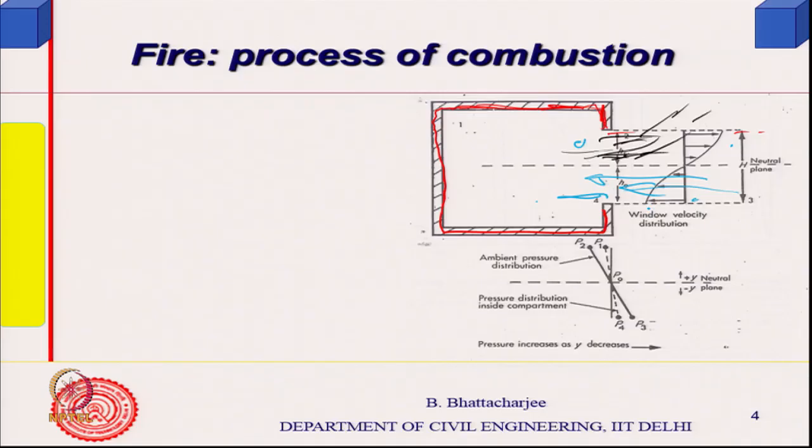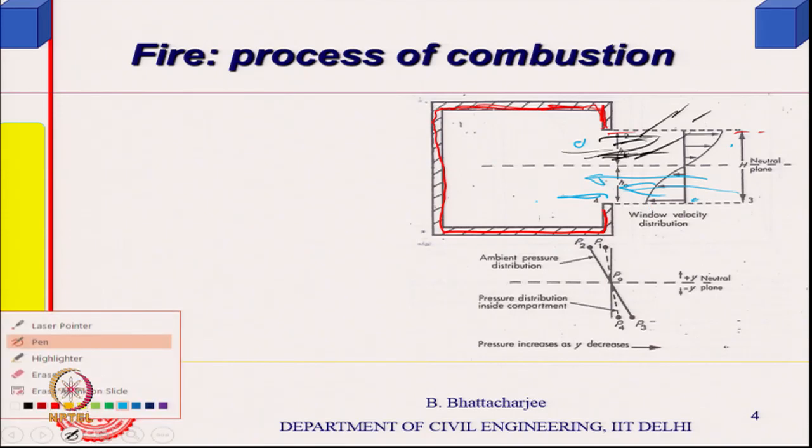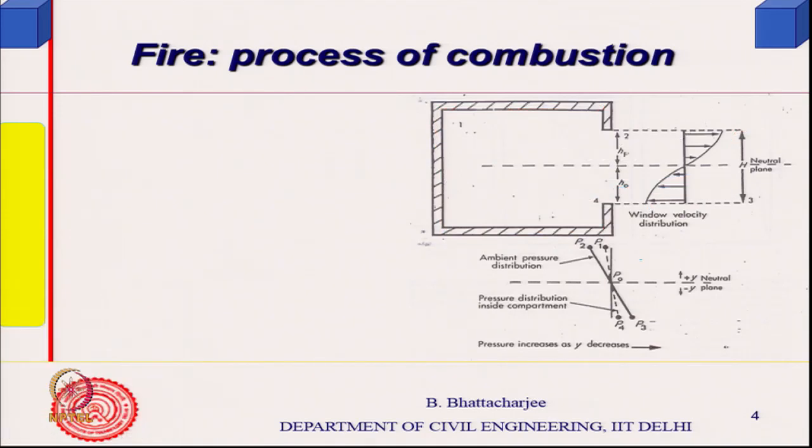So we can actually look into the scenario. For example, let me consider this diagram again at the bottom. Let me use black color, that would be better. This is 1, this is 2, this is 3, this is 4. Pressure at 1 must be more.